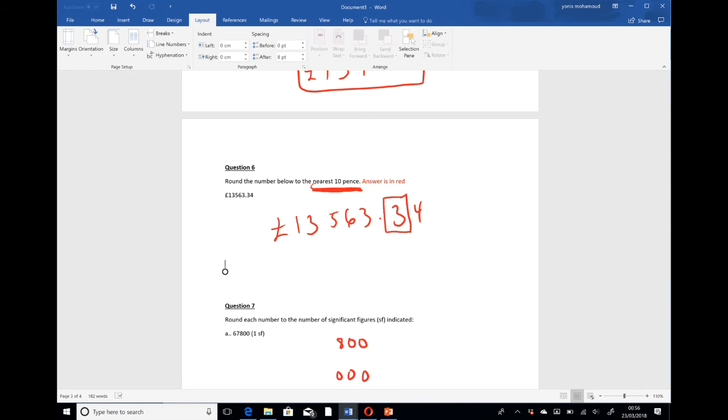So in this case it's number 3. So we're going to look at the number on the right of it, which is 4, so that 3 will be kept the same, and that 4 will be turned into 0, and all the numbers before it will be kept the same. So this is your final answer.